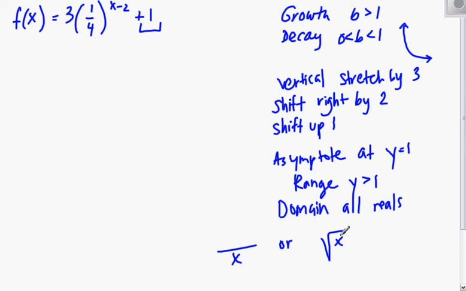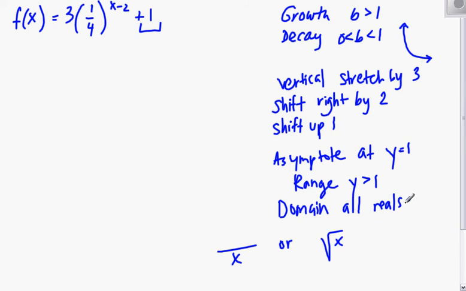I mean, there's other times, obviously, but for the purposes of this class, this is the only time you're going to have, okay, well, your domain cannot equal 5, or your domain cannot equal 4. Because, again, you can't have a 0 in your denominator, and you can't have a negative underneath a square root sign. You can have a negative under a cubed root sign, but not a square root sign.